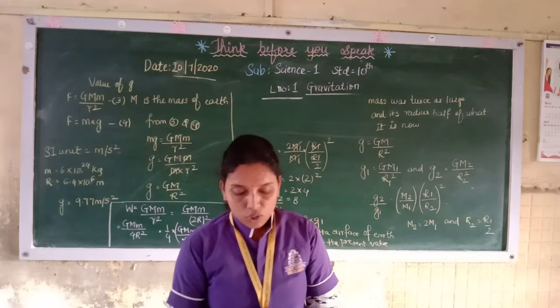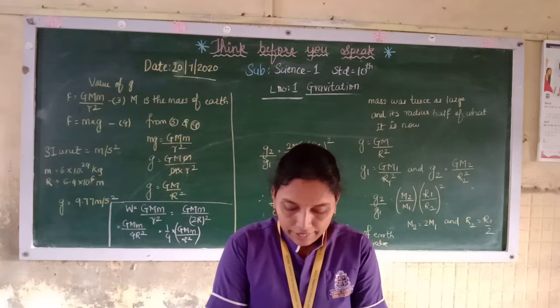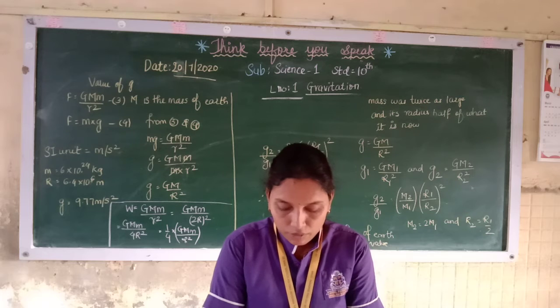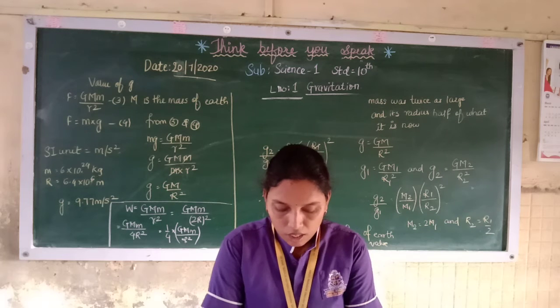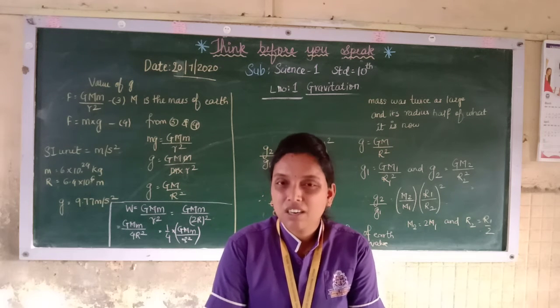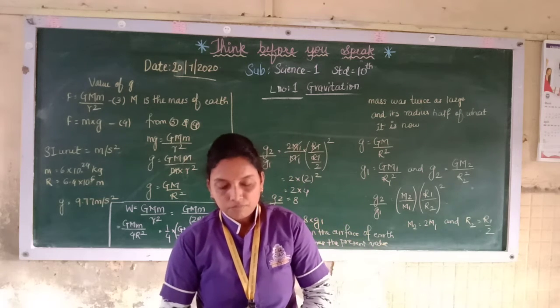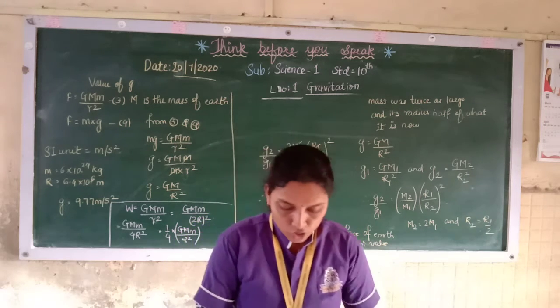Now the value of g also changes if we go inside the earth. The value of r decreases, and one would think that the value of g would increase as per the formula, but here it is a little different. It will not be inversely proportional. Why?